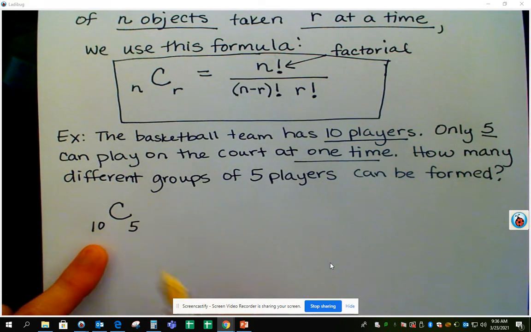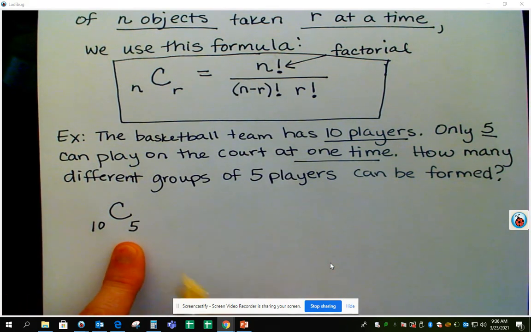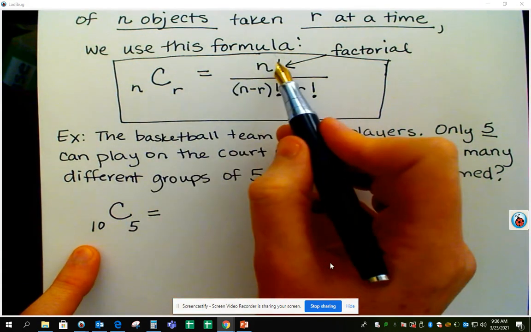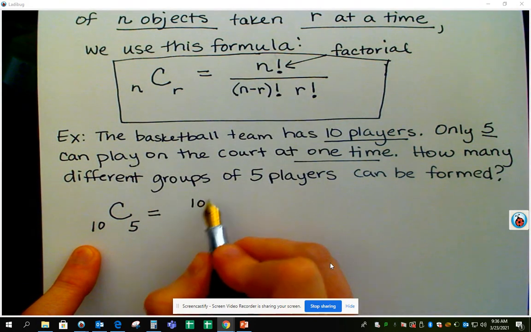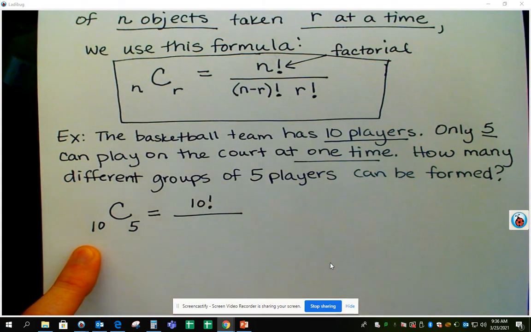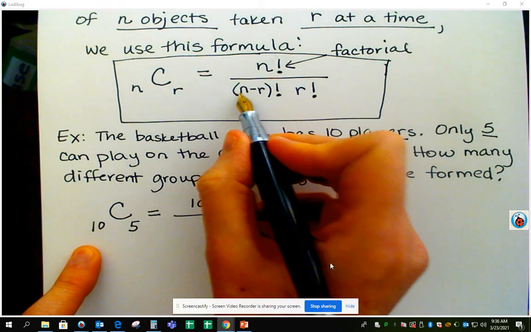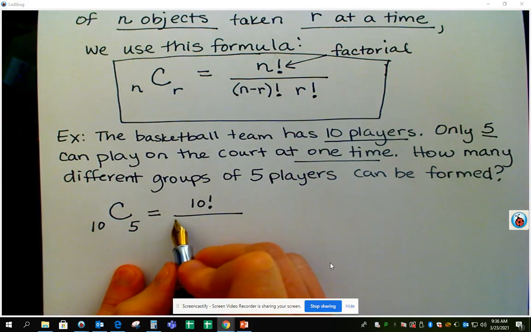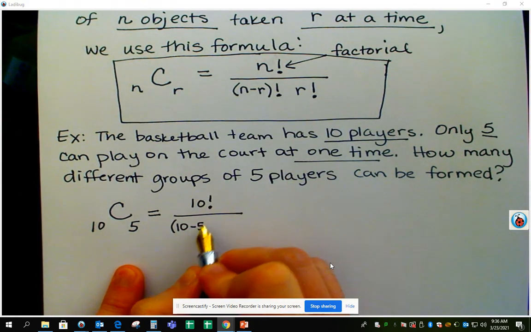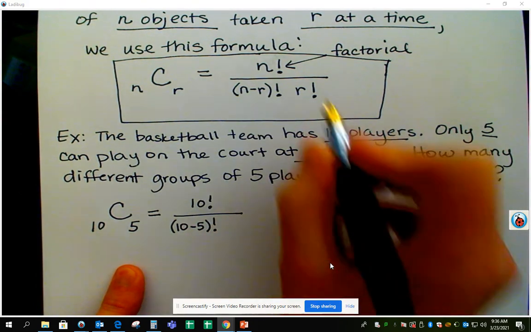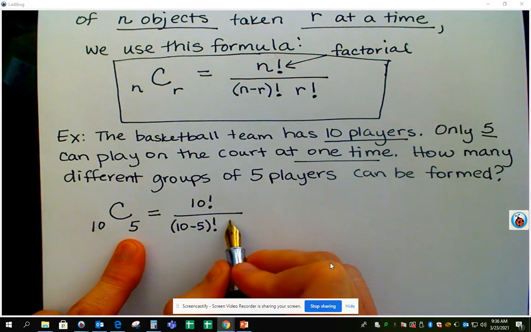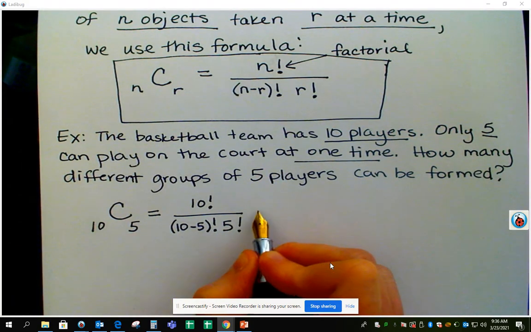So 10 players taken 5 at a time. Okay? Then we're going to plug it in. Our n is 10, so we're going to do 10 factorial. And then we're doing n minus r, so 10 minus 5 factorial, and then r factorial, so 5 factorial, okay?